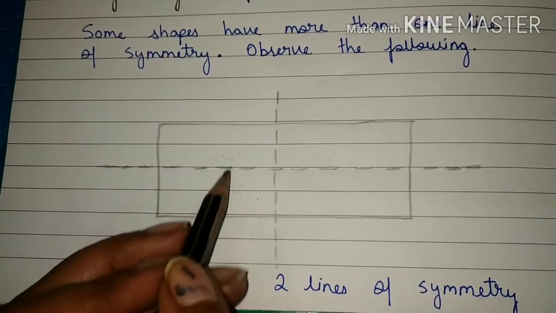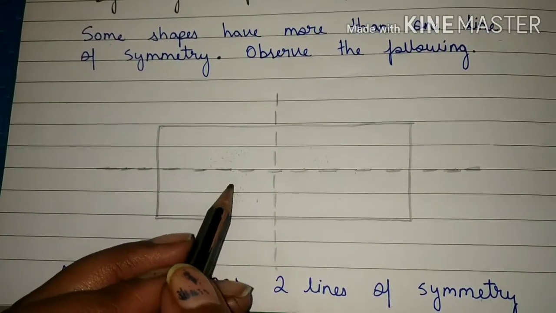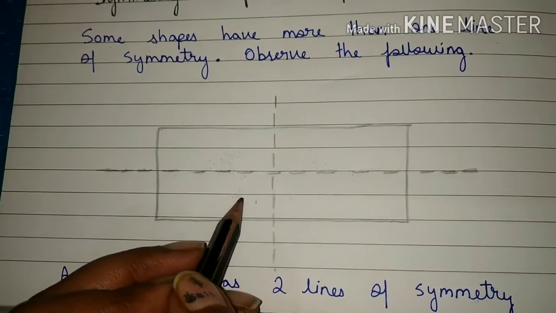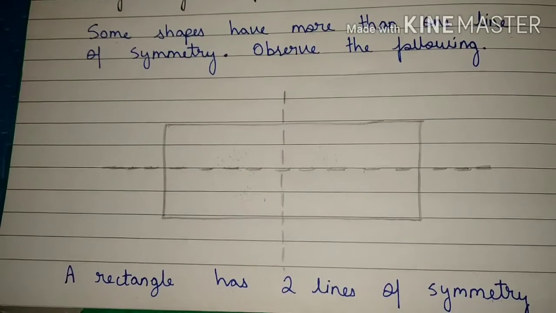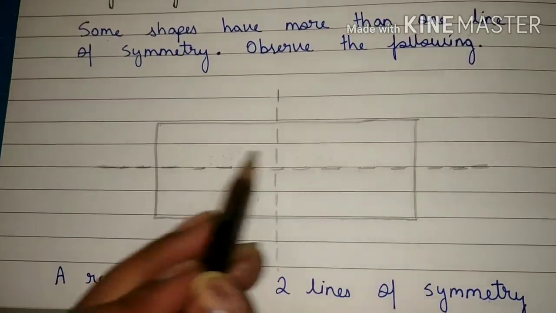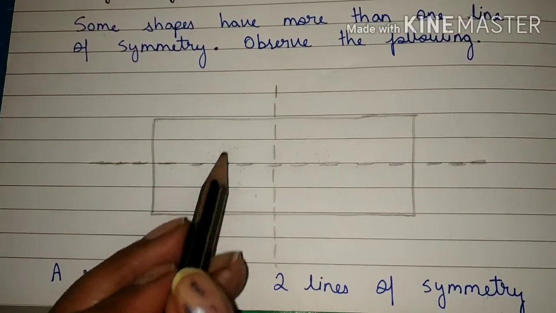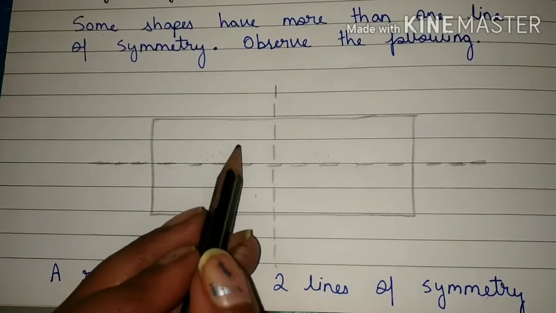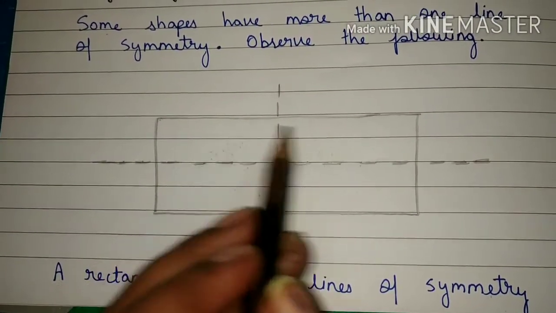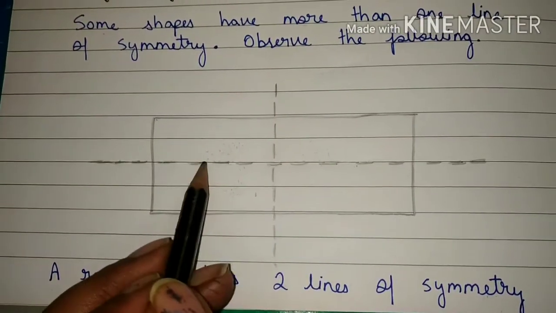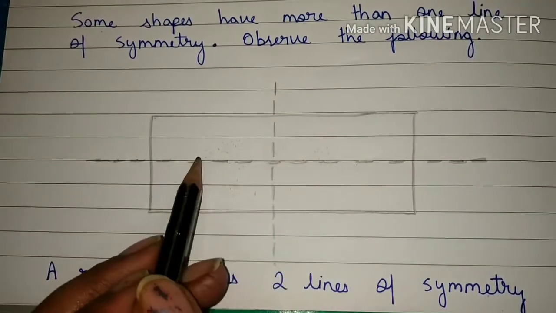Means these two equal parts are covering each other or facing each other. Why are they overlapping each other? Because this line divides the figure into two equal parts of same shape and size. So students, this line is also known as line of symmetry.